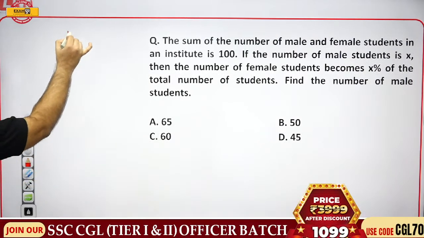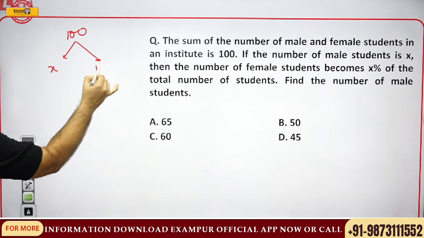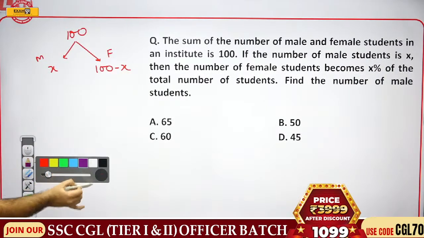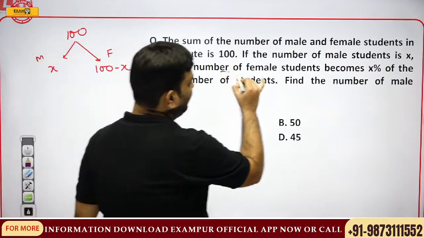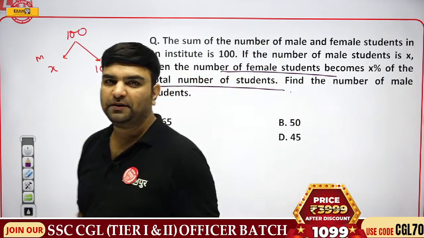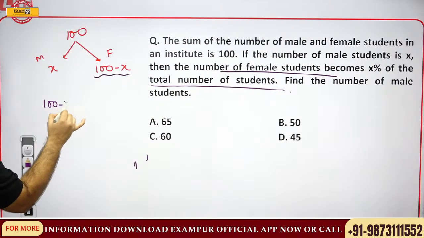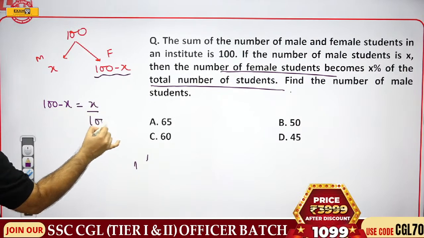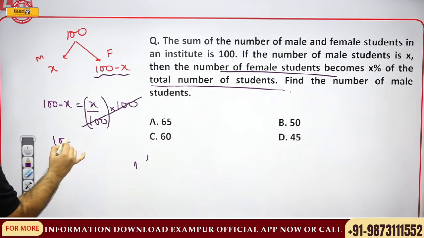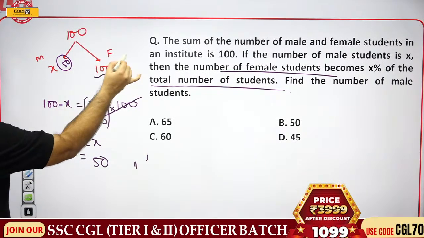So out of 100, male is X, so female is 100 minus X. 100 minus X are X% of the total. So 100 is equal to 2x, x is 50. So males are 50, females are also 50.